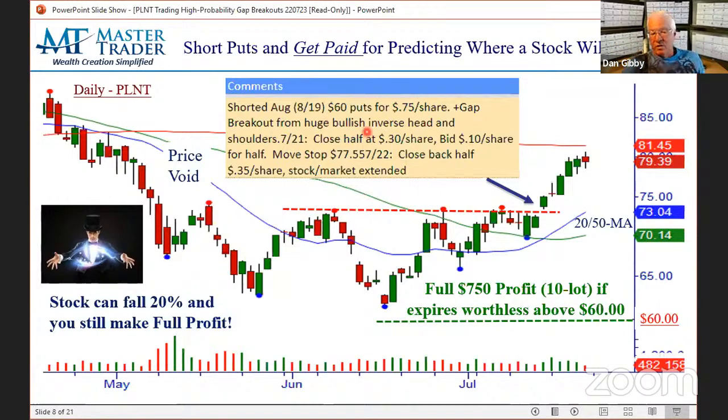And that's why we were willing to put on this bet, because this is a pattern I would be willing to sit through earnings on. The stock's been in business, trading publicly, however many years. I just don't see it gapping under $60 on earnings. And I could be wrong, of course, but it's a calculated risk.